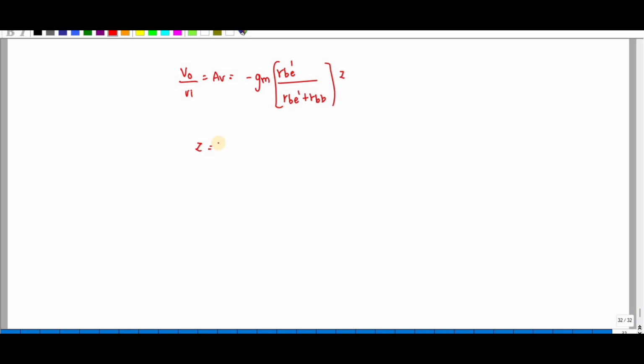Z is nothing but RT plus J omega LP minus J divided by omega C equivalent.